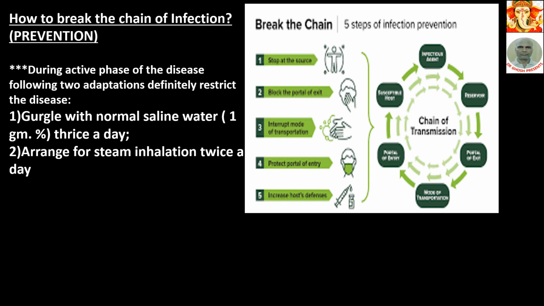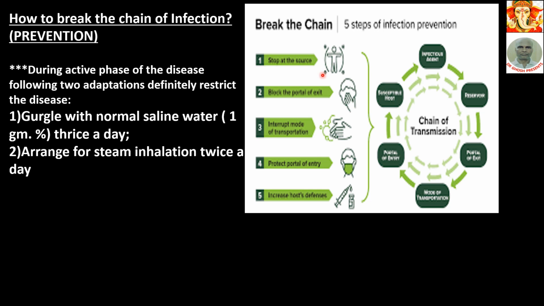How to break the chain of infection? That is prevention. To break the chain of infection, this is also a pamphlet collected from the internet. There are 5 steps. Stop at the source, which is the source of infection. You can keep him in a closed area, say in a room, in mosquito nets.